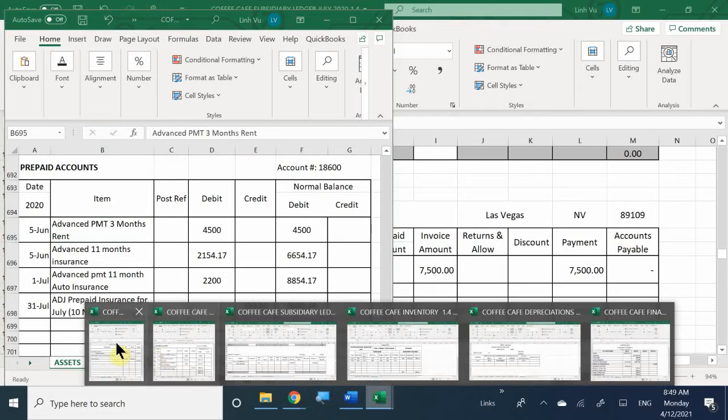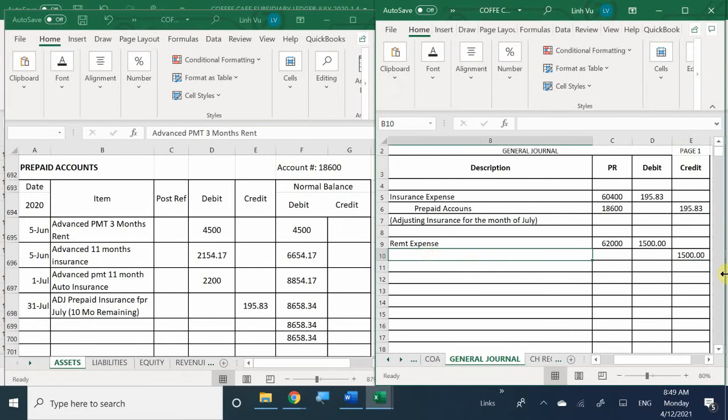So therefore, I'm going to journalize that I'm going to take away from my prepaid accounts because I've used my rent for 1,500, for the month of July.